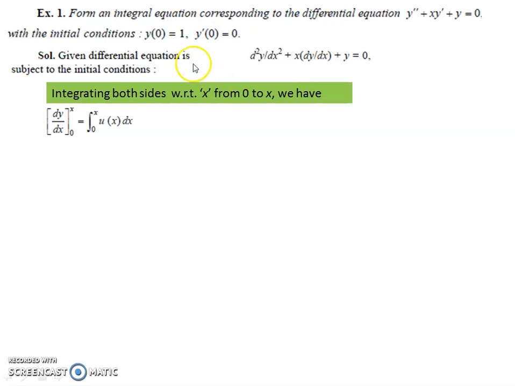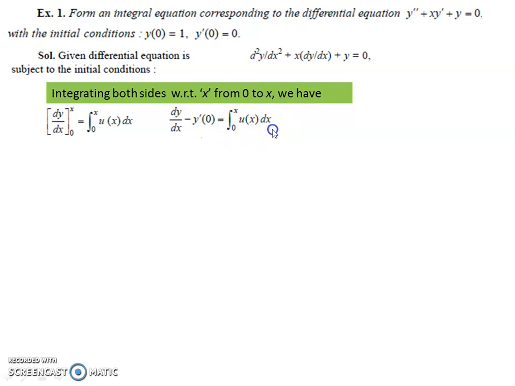First I take y double dash x is equal to ux. Integrating both sides, the double derivative becomes the single derivative, from 0 to x of ux dx. By substituting x we got dy by dx, and by substituting 0 we got y dash 0.